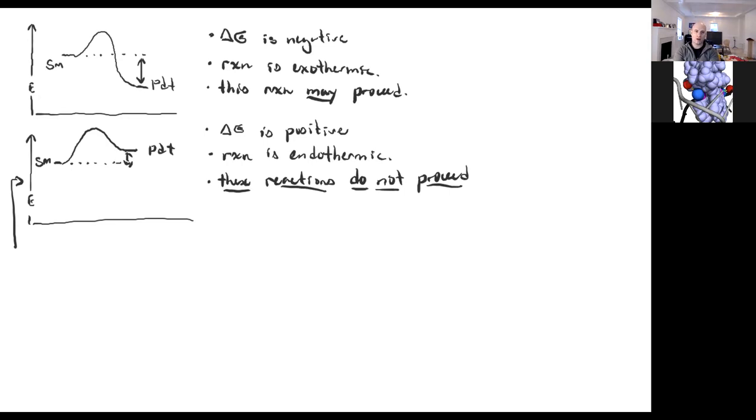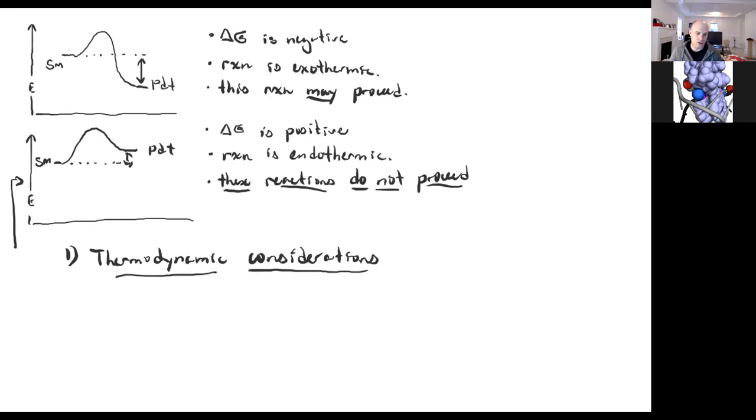And the first one that we're talking about is what we call the thermodynamic considerations. Okay, so looking at the energies of the starting materials and products, and forgetting about the line that connects them, are you decreasing the energy of the system or increasing the energy of the system?